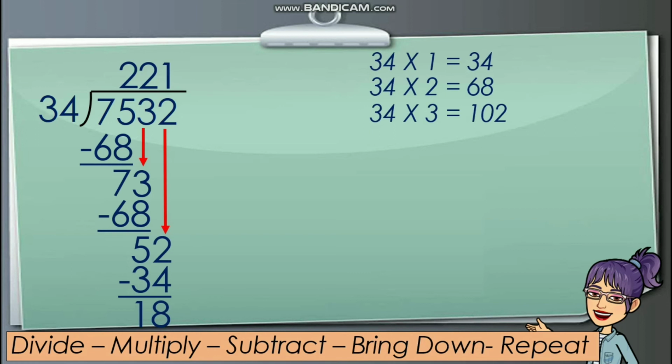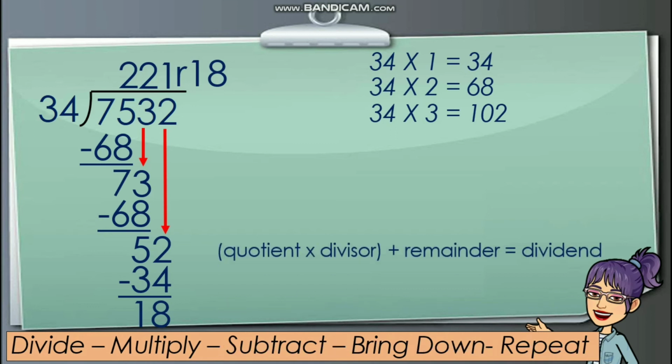As you can see, we have no more digits to bring down, and we still have a number at the bottom part. If that is the case, we will make that number our remainder. So 7,532 divided by 34 is 221, remainder 18.